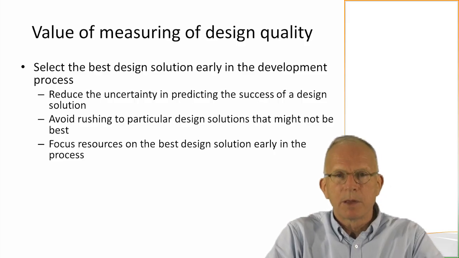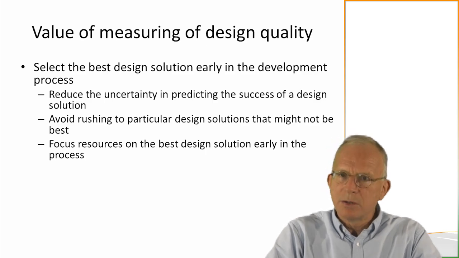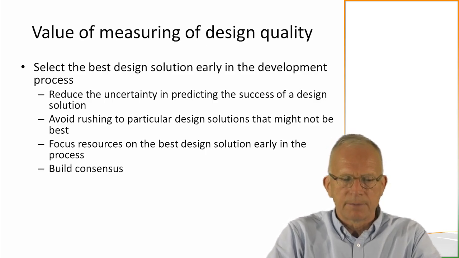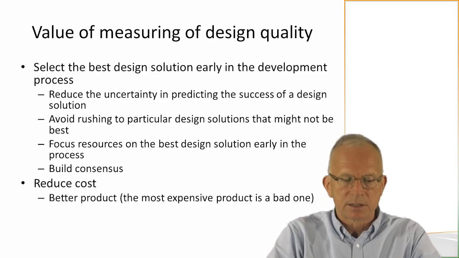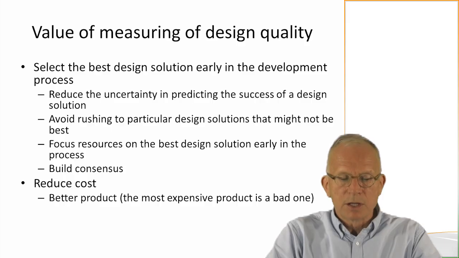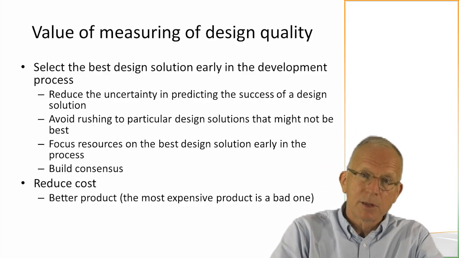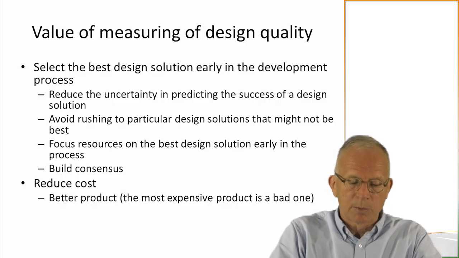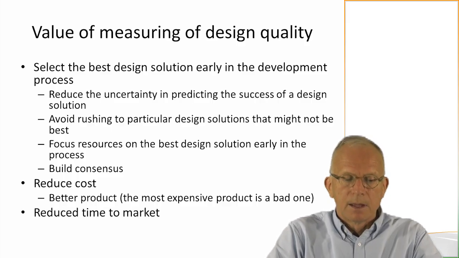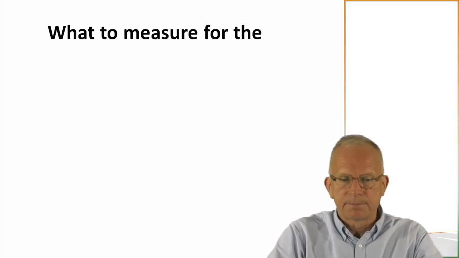And we want to focus resources on the best design solution with a reasonable degree of certainty. In order to do that, we need to be able to build a consensus. If we can do this, we reduce cost by getting a better product. The most expensive product, no matter how much it looks like it costs, will be a bad product. Importantly, too, we can reduce time to market, and there's value in that.